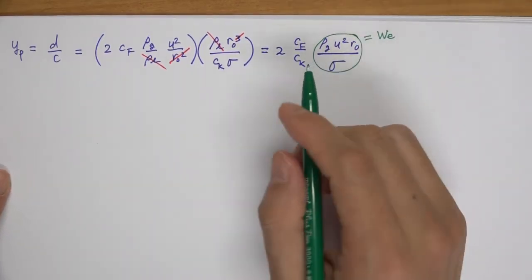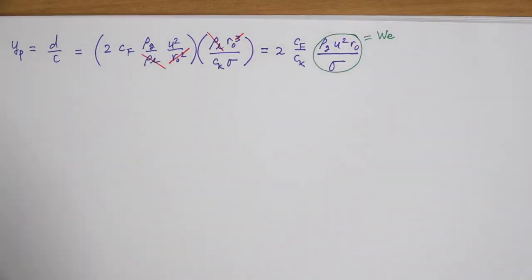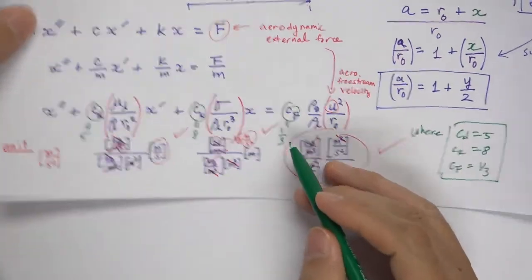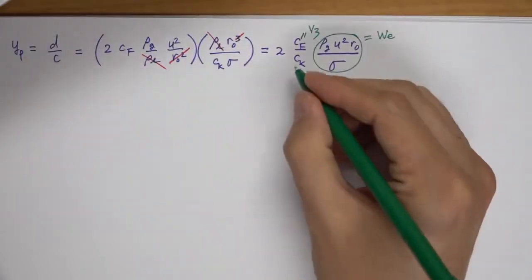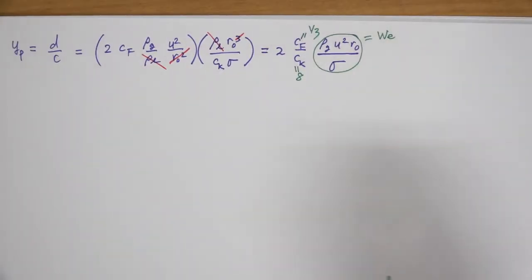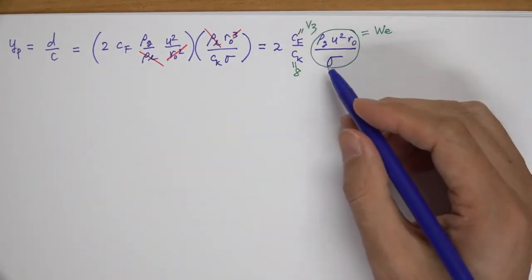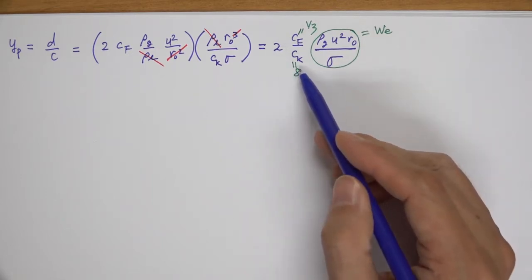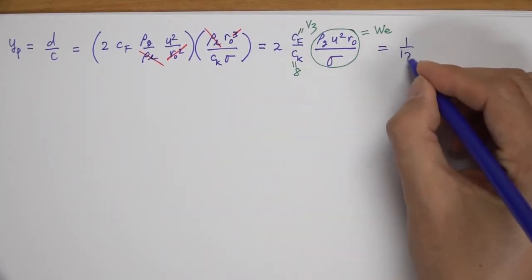Okay, and what was CF? If you go back here, CF was 1/3. CK was 8. So 2 divided by 8 divided by 3, this whole thing is 1 over 12.